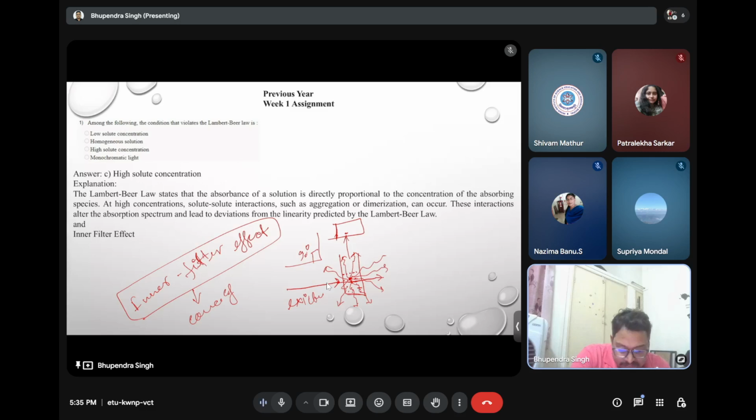Find it out, I'm giving you one question. Why is this detector placed at 90 degrees to the excitation? The question is that I can also place the detector here. Why not here, because emission is directionless?